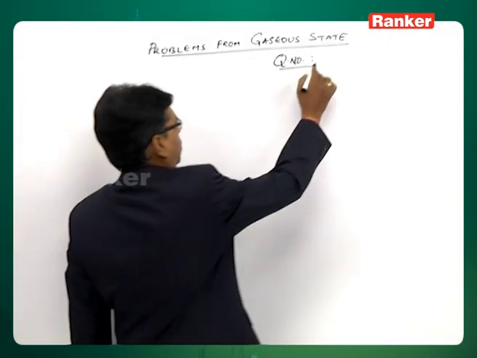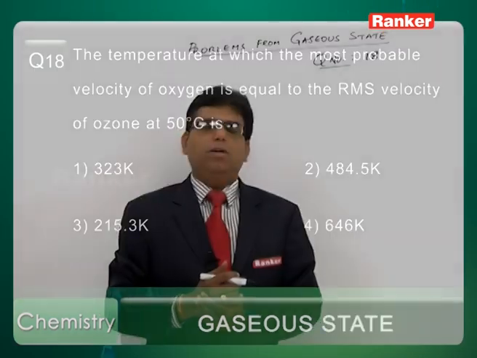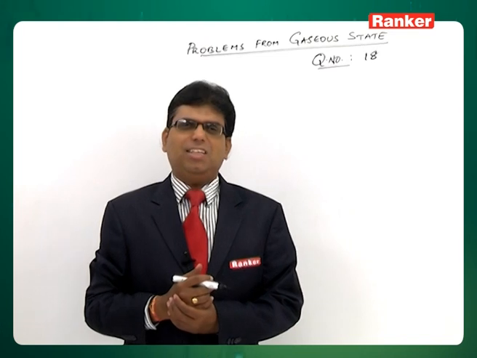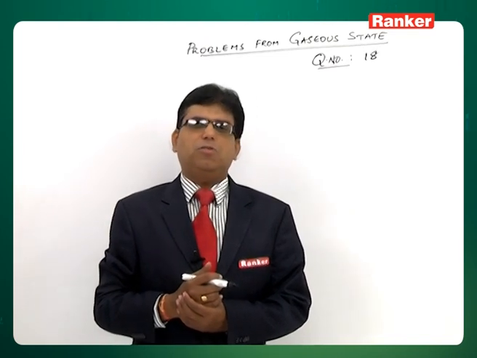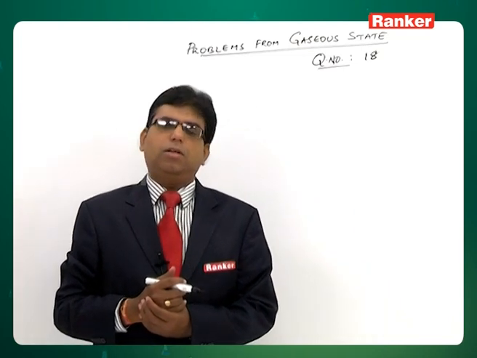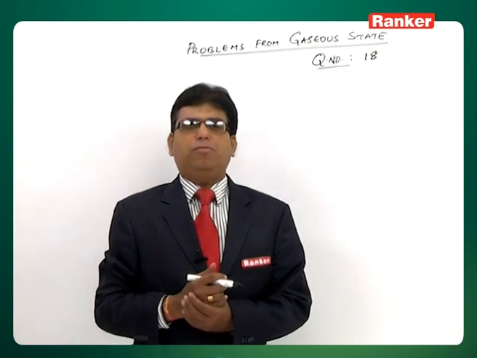Let us go to question number 18. Now, we will see some questions on molecular velocities. So far, we have seen some questions on ideal gas equation, density, pressure. Then we have seen some questions on diffusion, rates of diffusion, initial rate of diffusion, mixture, initial composition of the mixture for diffusion.